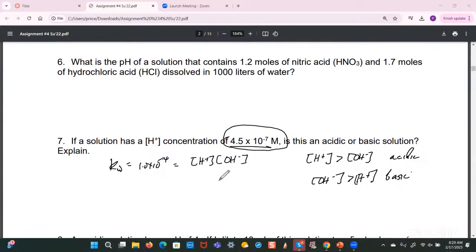Higher than 1.0 times 10 to the minus what? No, that's not the reason why. It's higher than something, but we haven't got to that yet. Basically, one way of doing it is to determine the concentration of OH minus, which will equal Kw divided by the concentration of H plus.